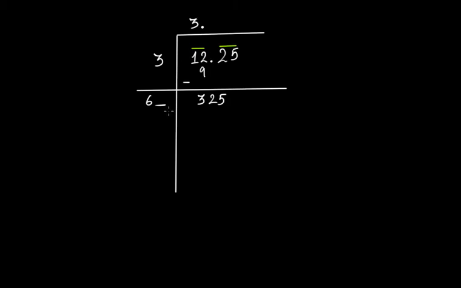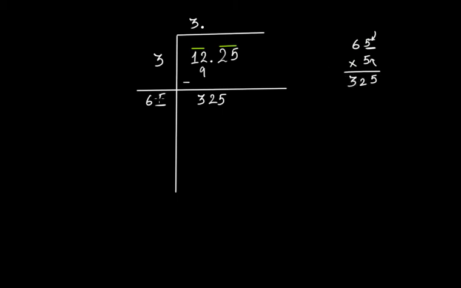Now what digit can we place here so that we get a new number such that when we multiply that new number with the same digit that we are placing here, we get a number that is equal to this one or less than this one? Clearly, if you place 5 here and multiply this new number with 5, you get 5 times 5, 25, and you get 325.